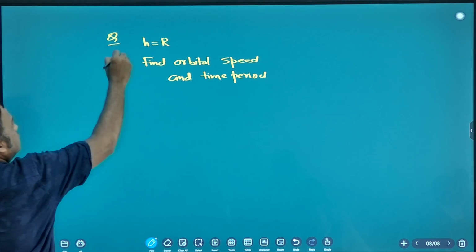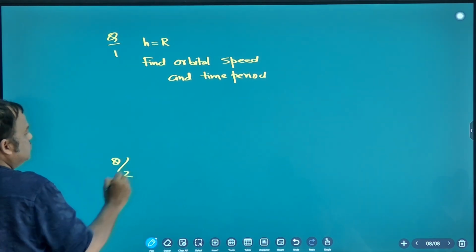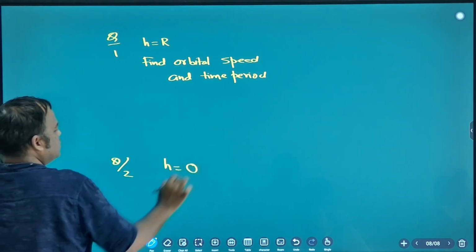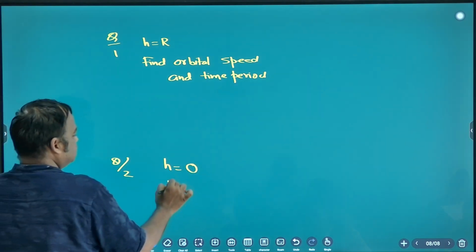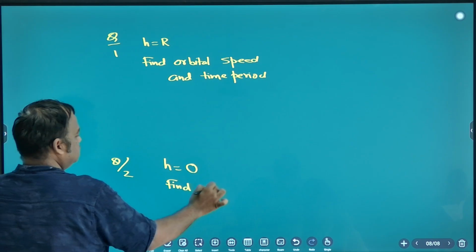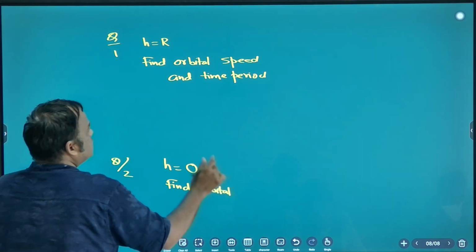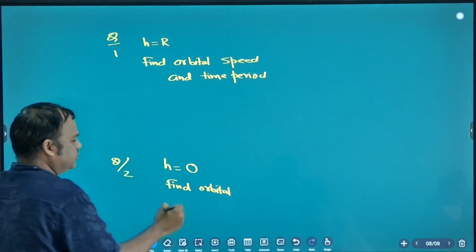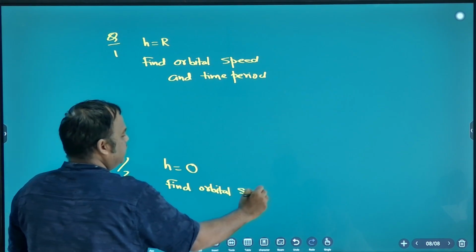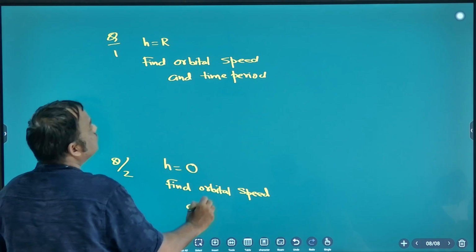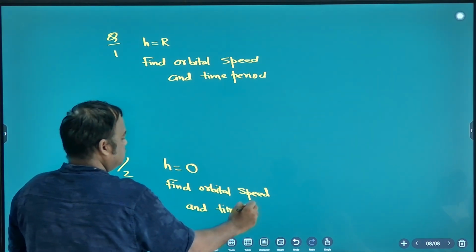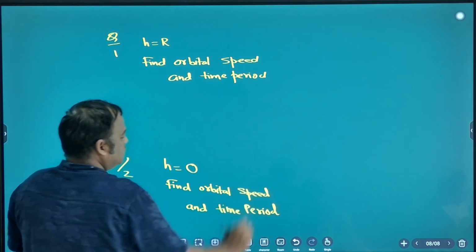Solve this question. Next, height is equal to R. Let's try to find the numerical value. Find orbital speed and time period.